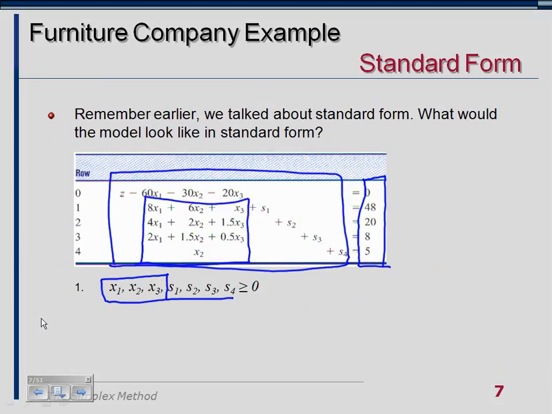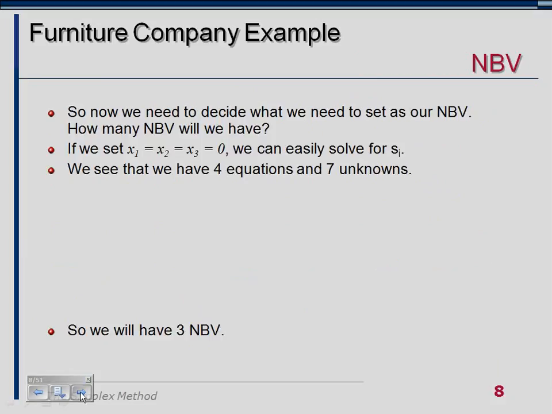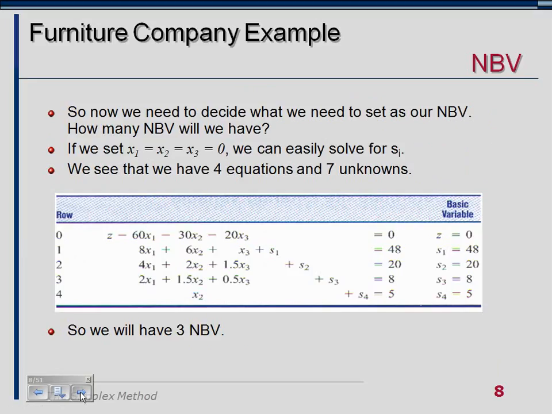So the question is, we have 7 unknowns and 4 equations. So we got 3 variables too many, all right? We have essentially 3 non-basic variables, okay?